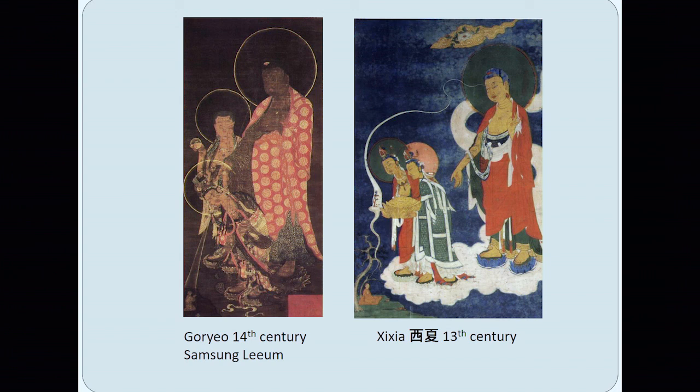In comparison with the Song Chinese example on the right, there's a much more complex composition in the Chinese example. The Song depictions of the descent include the soul of the deceased. You can see that little miniature figure here in the bottom left-hand corner.